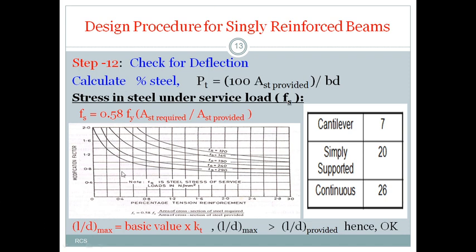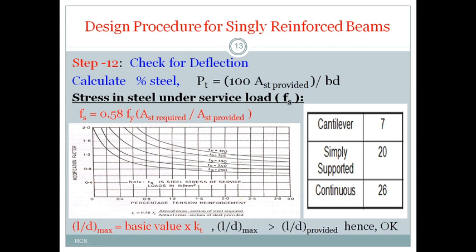Then I project this value onto my y-axis, where I will get the modification factor. If I project like this, I will get a modification factor somewhere between 0.8 and 1.2, more specifically 1 to 1.2. This value we can calculate from this graph.